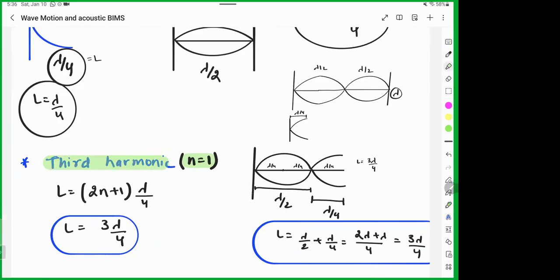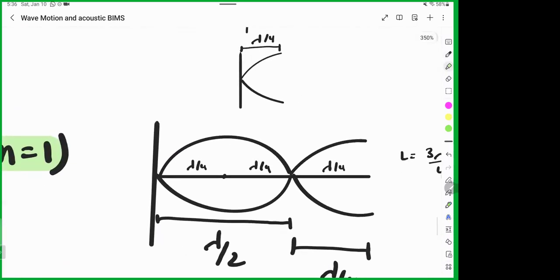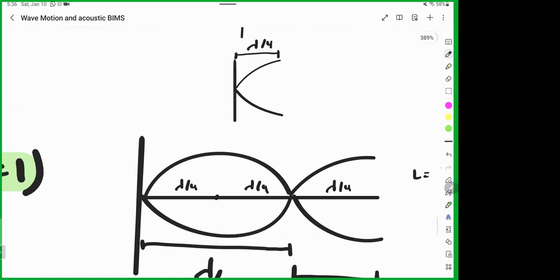Why are we calling it the third harmonic? Because it looks like 3 units compared to this. 1 unit, second unit, third unit. Consider at half: first, second, third. Make sense?